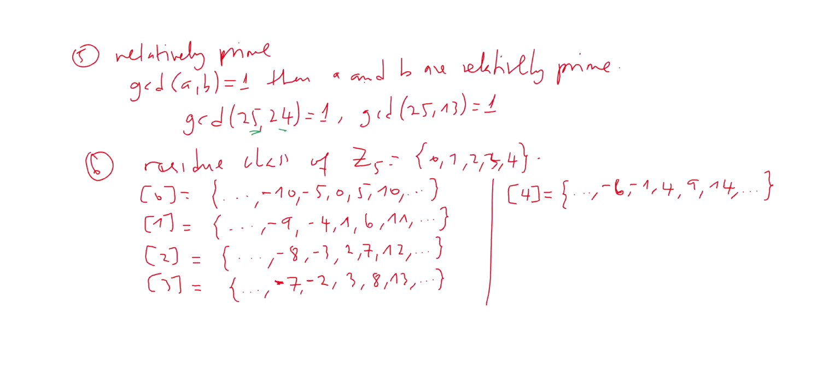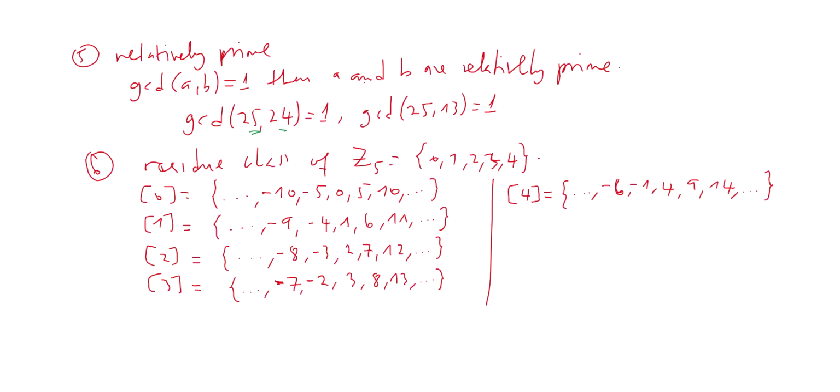And so here we're given 25. So we look for all the numbers there such that they, together with 25, give you a GCD of 1.